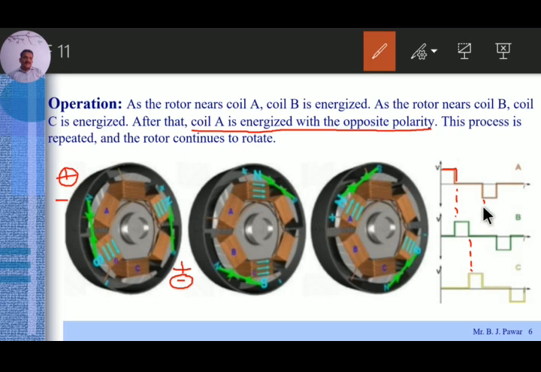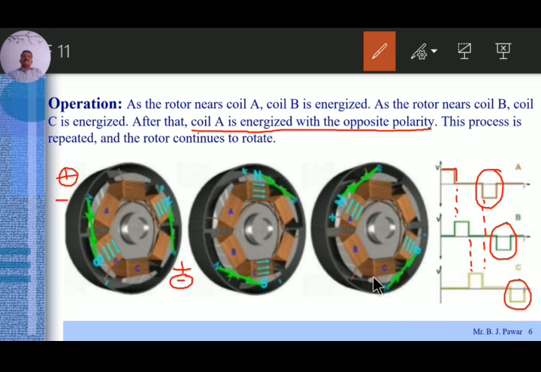And after that phase C, what is the need? That coil should get energized with opposite polarity. Means you will observe after phase C, here phase A has its polarity reversed. Similarly, the next pulse arrives for phase B, which is also with negative polarity, and then again phase C with negative polarity.